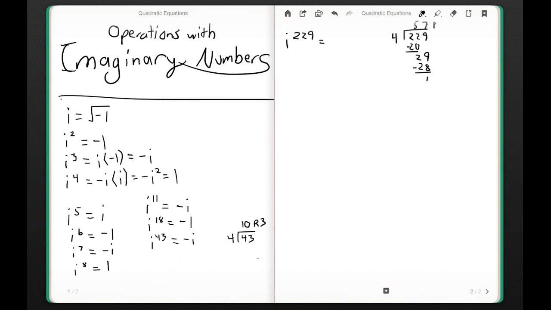And we're left with 57 remainder 1. So that means that we go through the entire thing 57 times, and so we're at the end here. But then we go one more term, and so we're back at the first term in the pattern. i to the 229th equals i.